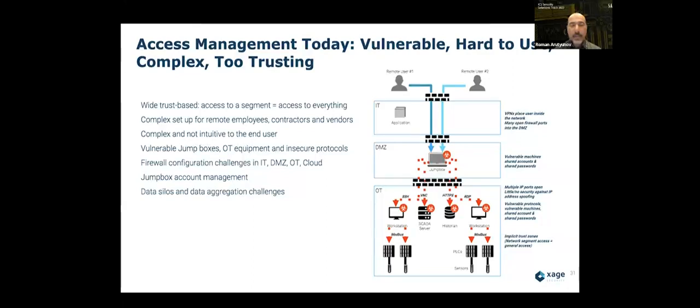Companies that still use VPNs, and the vast majority of them do, are putting users directly into those networks. VPNs give you an IP address on the network, so anything on that machine can now spread into the network as well. Administrators having to manage access across a VPN, jump box, specific workstation, and a PLC on a very granular level just becomes a nightmare.